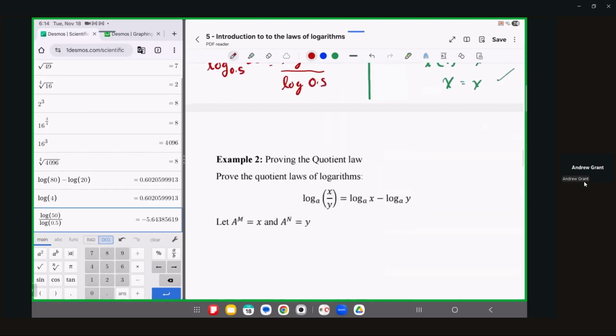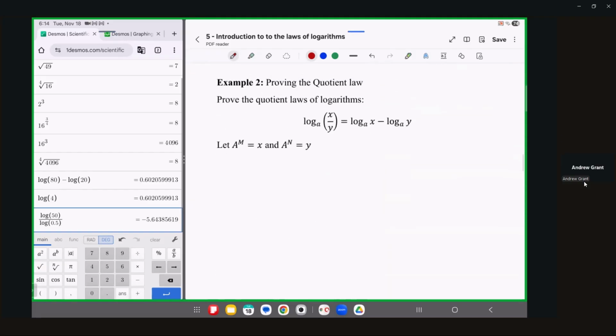Okay. So with that, I wanted us to prove the quotient law of logarithms. Again, in the textbook we proved the product law of logarithms, so I thought it would be worthwhile to prove not the thing that I already proved in the textbook. So let's prove the quotient law instead. We're going to make stipulations. We're dealing with logarithms, and we're going to say that a must be greater than 0.